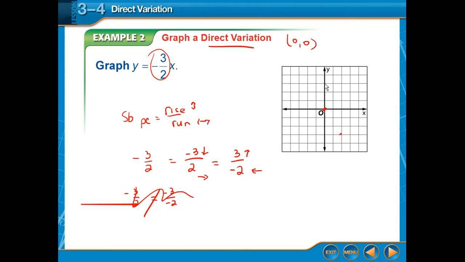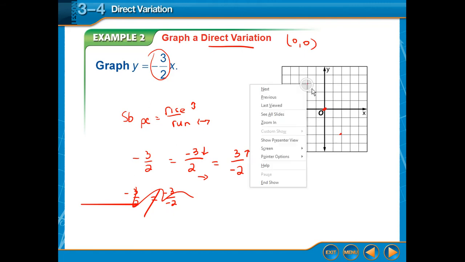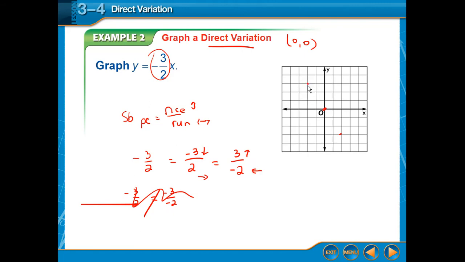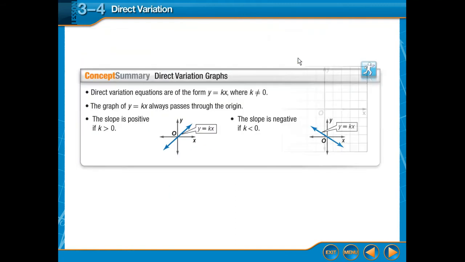So I can go up 3 and back 2. And if you notice, they both fall on the same line, so you can use either method. Okay, and you connect your dots and you draw your line. So we graphed it. You just use the slope and the origin, 0, 0.